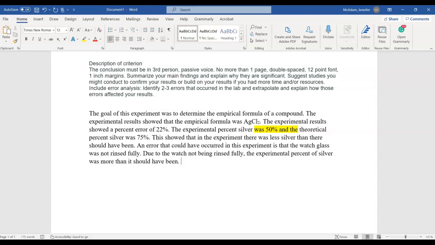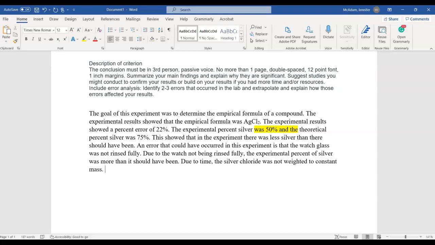Or you could have, if you weighed it wrong, right? So how did that weigh wrong? So you could say, maybe due to time, the silver chloride was not weighed to constant mass.